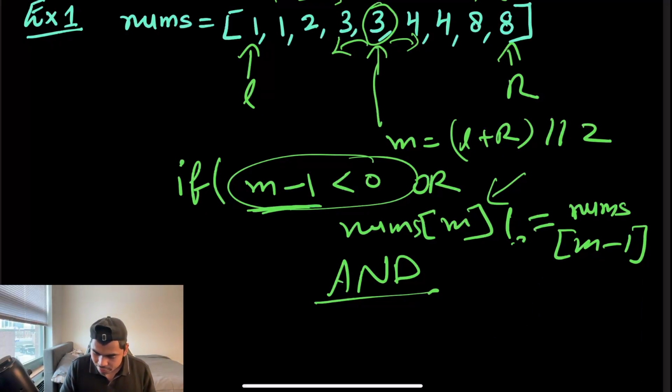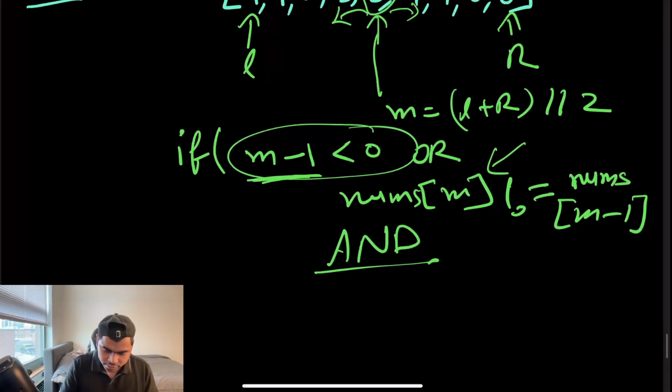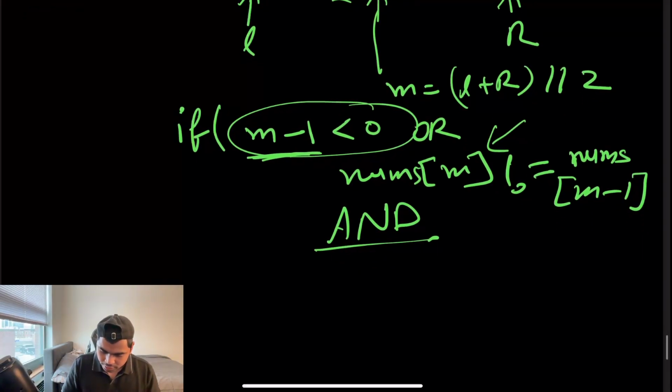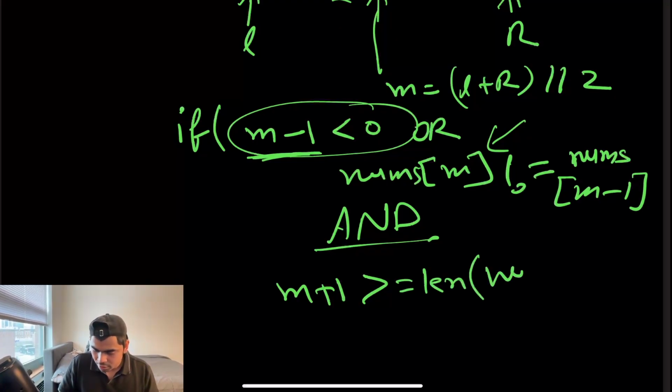So that will come over here, which will be the same condition, except for the other side, the next element, that will be m plus 1 is greater than or equal to length of nums.